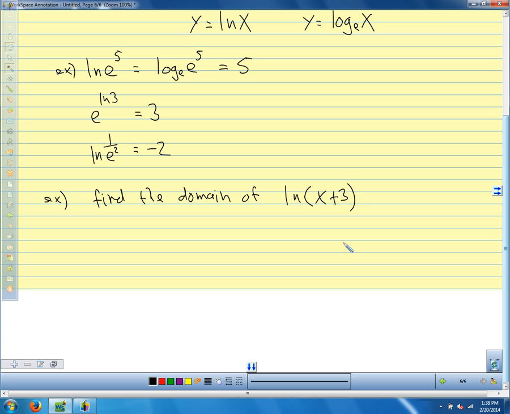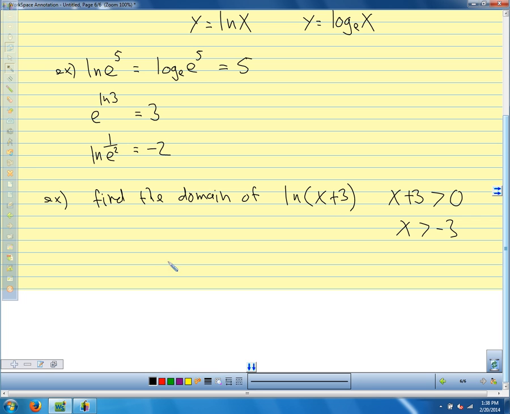So what did we say our domain restriction for logarithmic functions was? Whatever we plug into the function has to be what? Positive, greater than 0. So what this question is asking us is find where x plus 3 is greater than 0. Whatever we plug into our function has to be greater than 0. So our domain is going to be x greater than negative 3. So the domain is always asking us, what are we plugging in here? It has to be greater than 0.